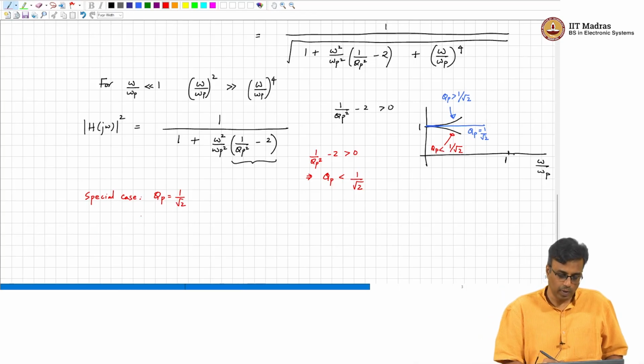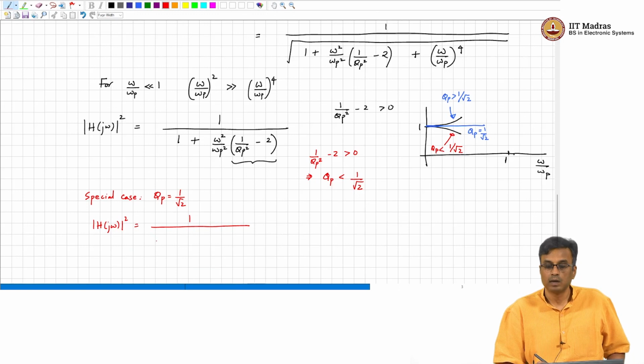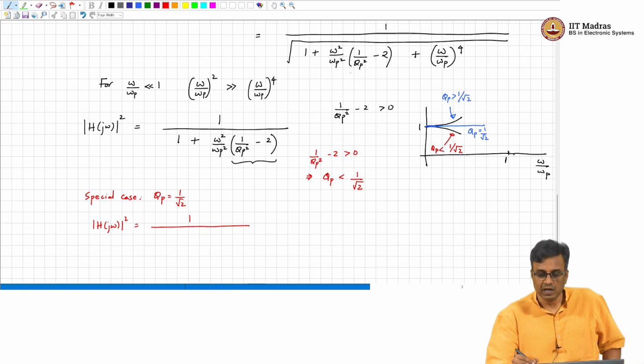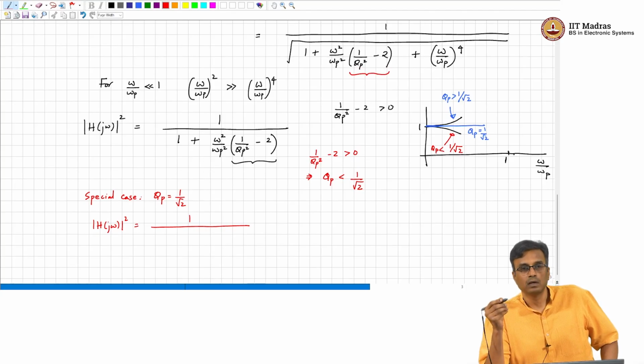What comment can you make about mod H of j omega square? For the special case of QP being equal to 1 by root 2, what happens to this term? That becomes 0.